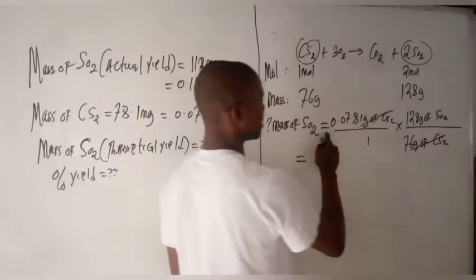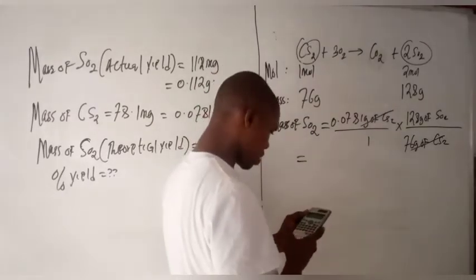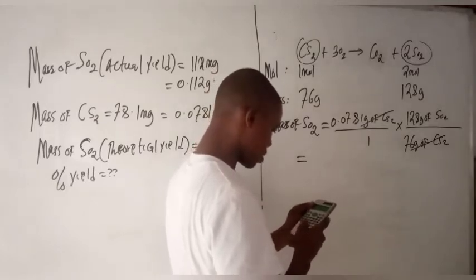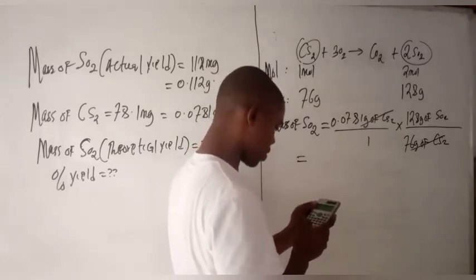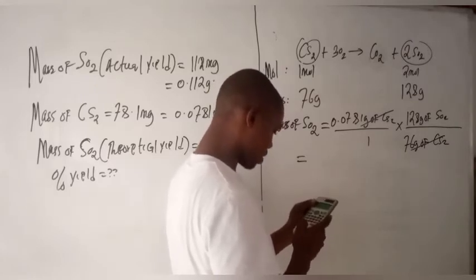So what will happen here? This times this divided by this: 0.0781 times 128 divided by 76.